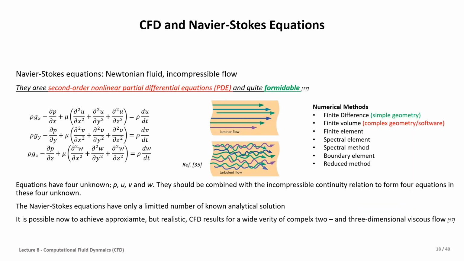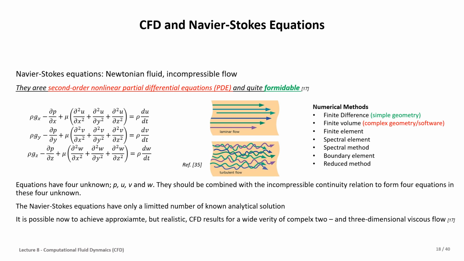As we said in the previous slide, CFD basically has a fundamental concept of the Navier-Stokes equation. The Navier-Stokes equation is for Newtonian fluid and incompressible flow. Indeed, these equations are second order nonlinear partial differential equations, PDEs, and quite formidable, especially for turbulent flow.